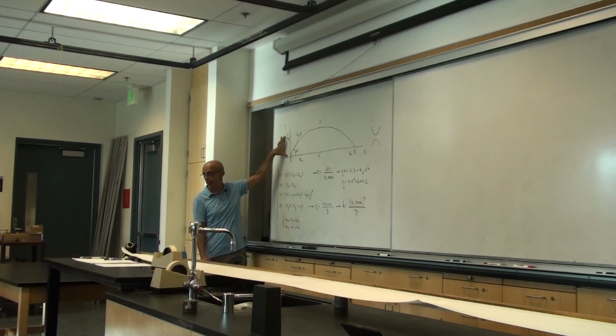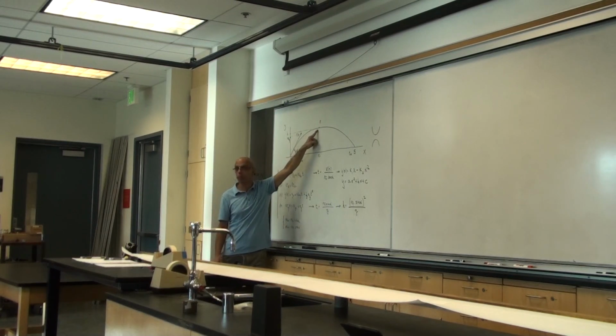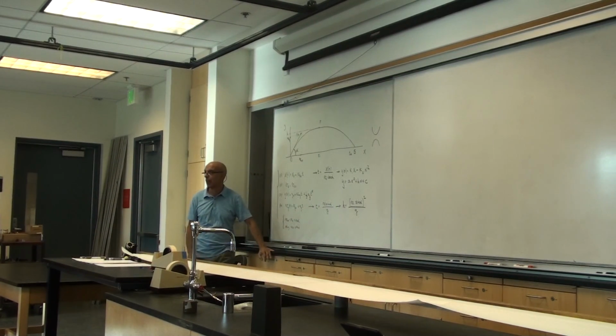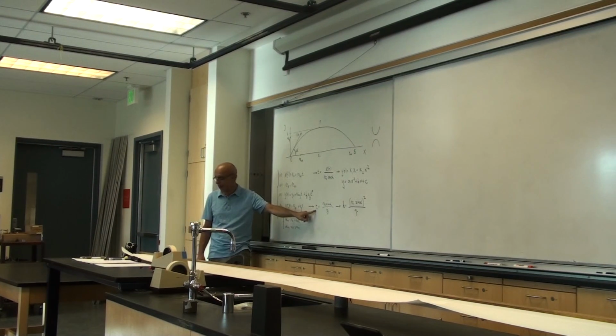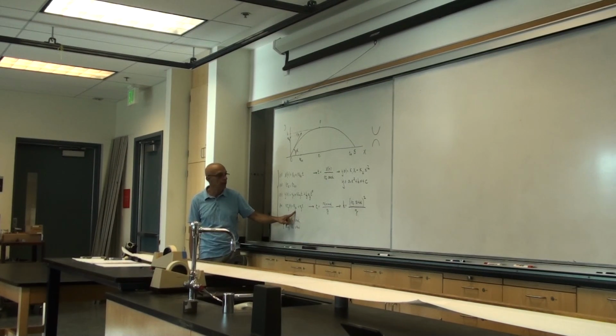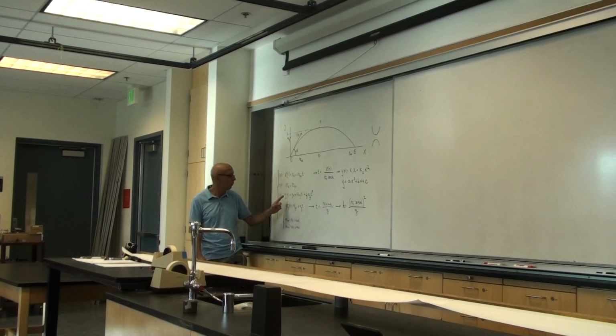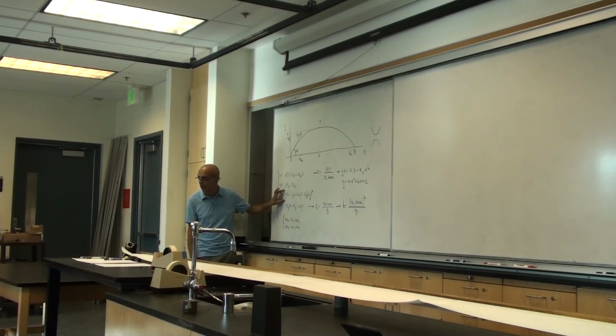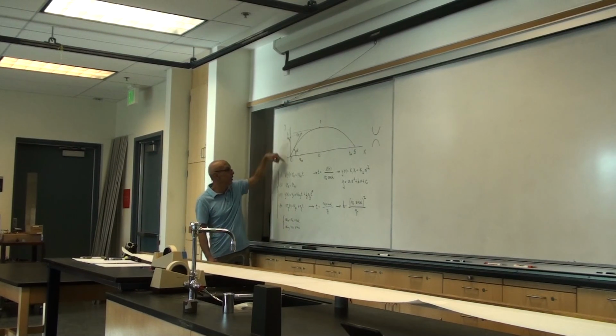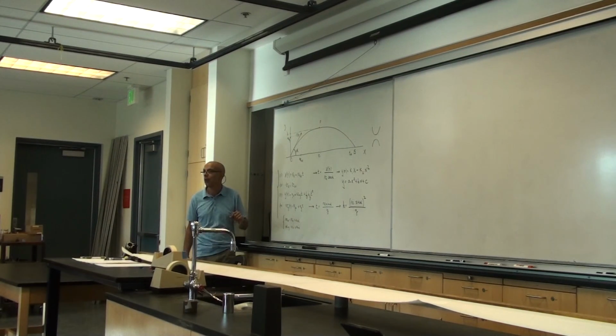H is the height. H is the highest point, is this point, okay? Now, if you look, I'm calculating time from this equation, okay? And then what I did is I plug in this value on the second equation to calculate the height, because y is the distance in the vertical direction.